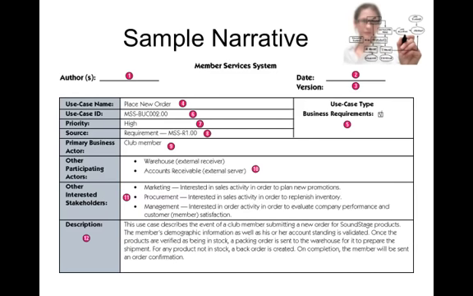So here is a sample narrative and one type of form that you can have. A use case name is really useful. Place new order. The author, of course, would be the person who did it, a date, a version. Tracking the version is really important if you're doing this in a big project with lots of people.